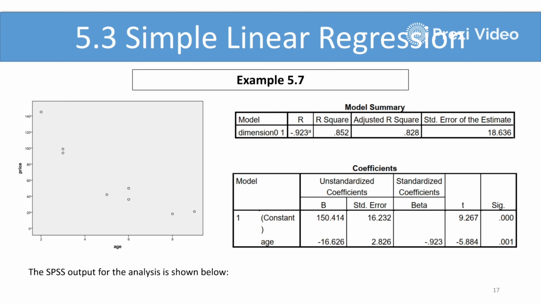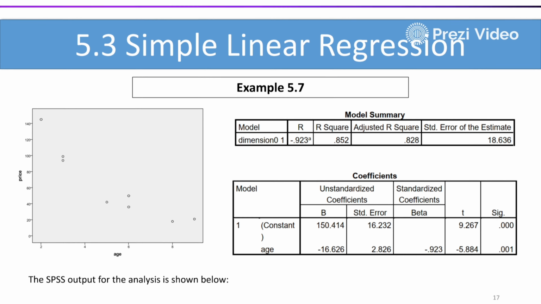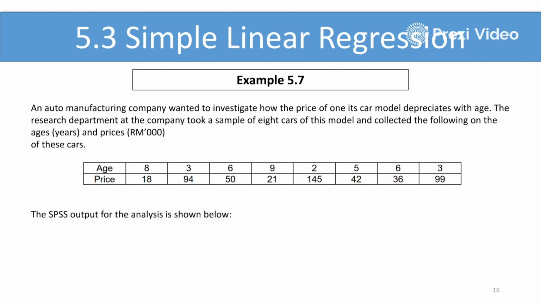Kalau kita masih blur, mana satu independent ataupun dependent, dalam soalan ni pun dah clearly mention how the price of a car depreciates, macam mana nak tengok perubahan pada price dengan pembeli ubah age. So kat situ kita nampak age ni faktor.